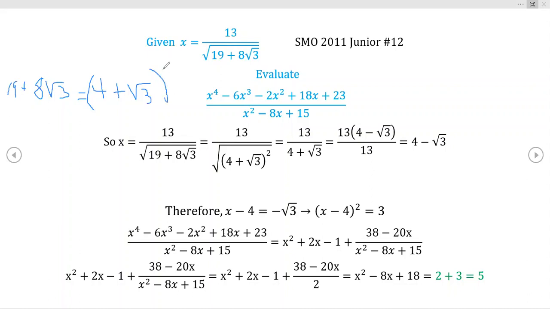Again, that's not too hard to see because 4 squared is 16. Then you have 2ab, that's 2 times 4 times root 3, which is the 8 root 3. And then you have root 3 squared, which is 3. So 16 plus 3 is the 19 that you see right there. And so this works out very nicely going from here to here.